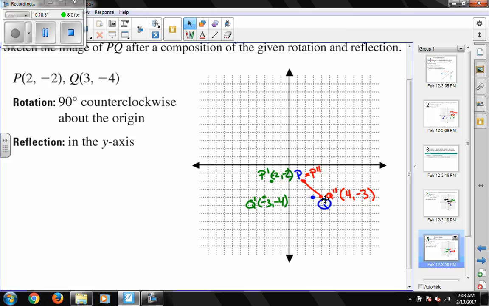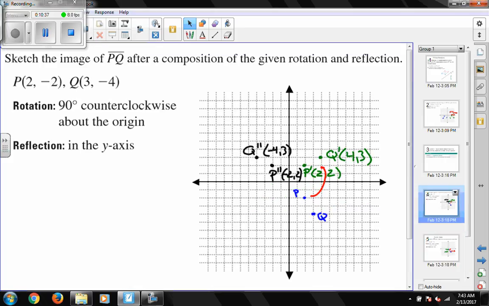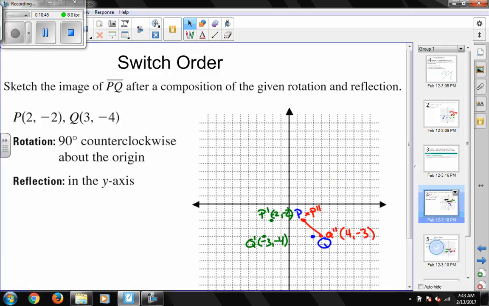Which, if we go ahead and take a look at what we did in the previous example, then you will see that our double primes do not match up whatsoever. So, in this case, you need to pay attention to what order they give them to you so that you can follow them in that order to get the same result every time.